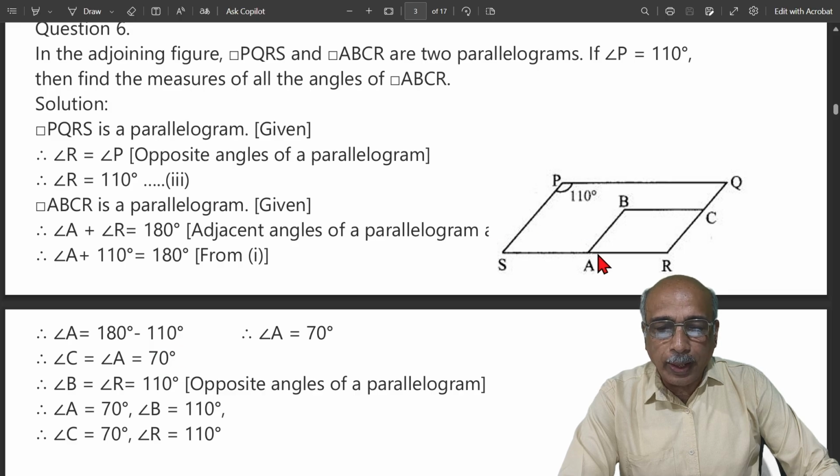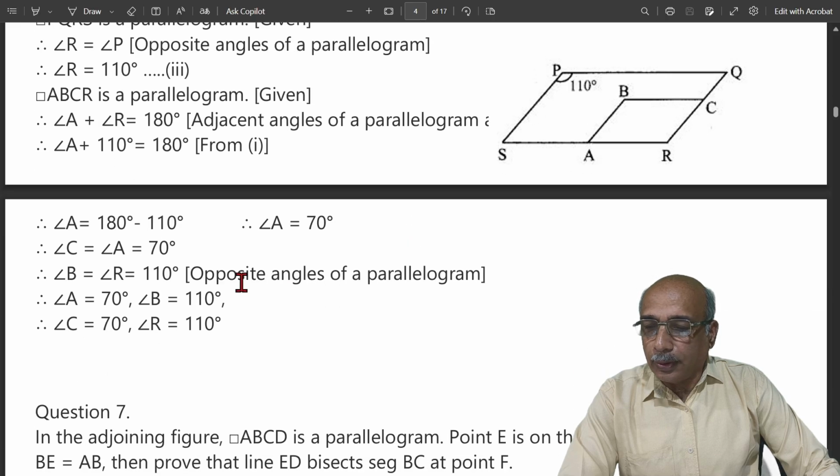And angle A and angle C will be of the same measure, opposite angles of a parallelogram. Therefore, angle B equals angle R equals 110 degree. So here we can find out all the angles of quadrilateral ABCR.